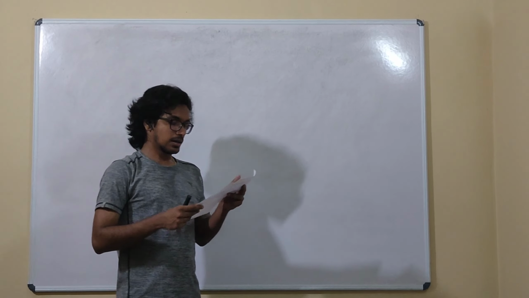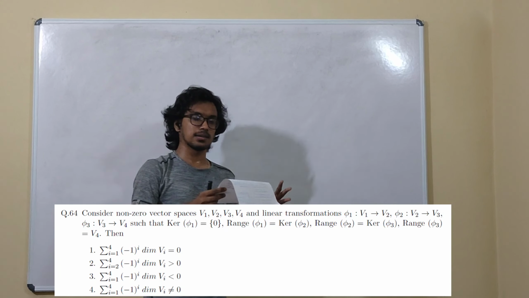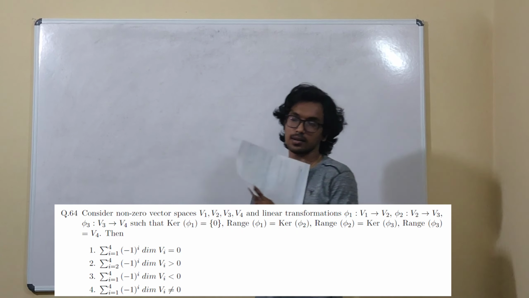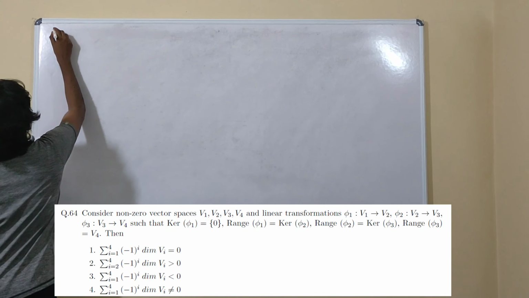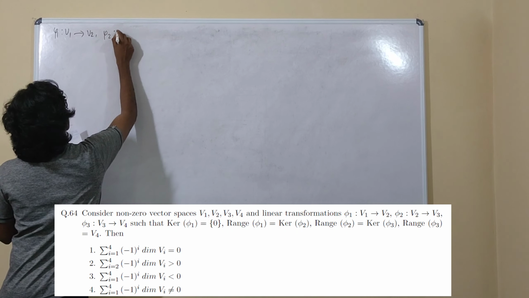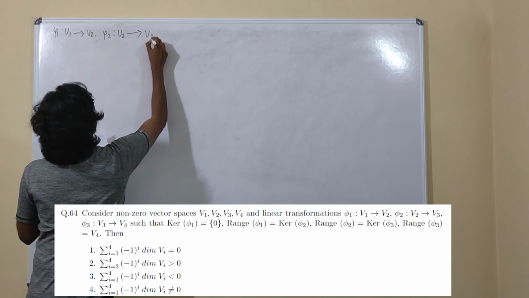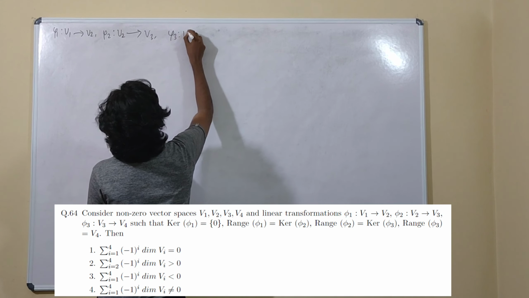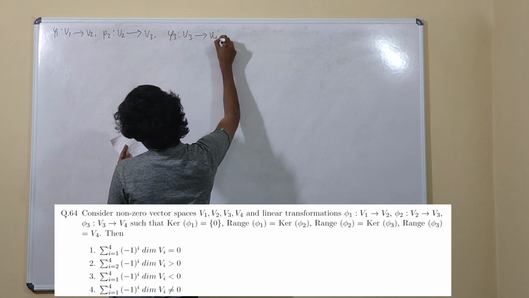In the next problem, it is given that we have 4 non-zero vector spaces and 3 linear transformations are defined, which are phi1 defined from V1 to V2, phi2 defined from V2 to V3, and phi3 defined from V3 to V4.